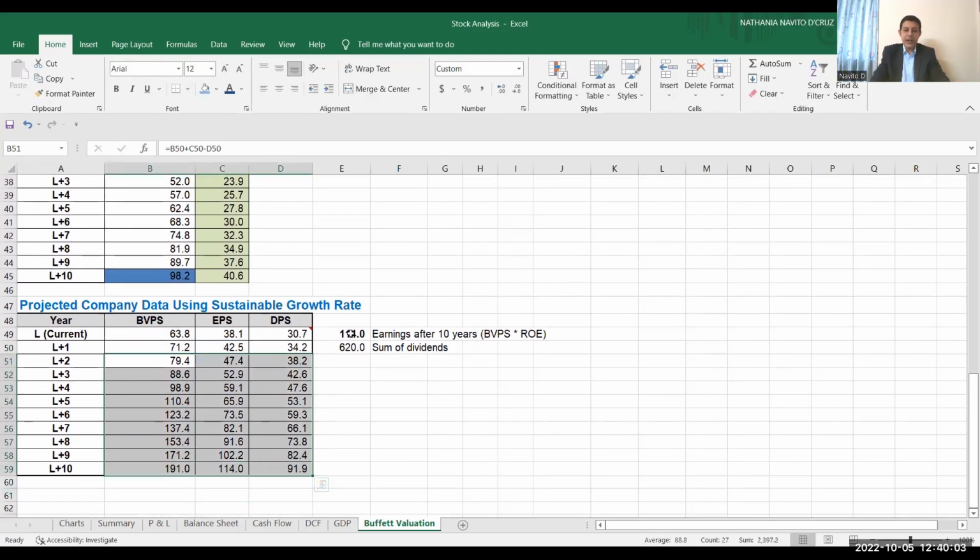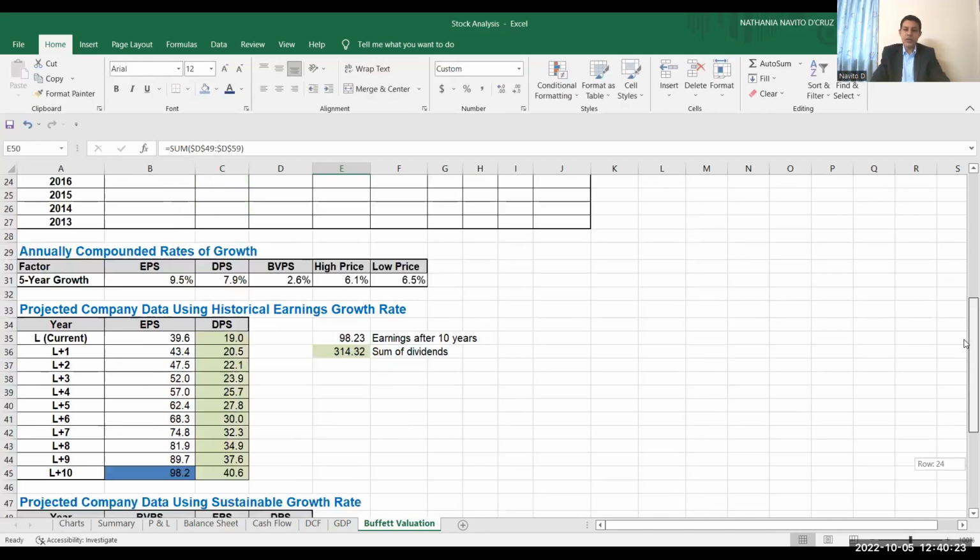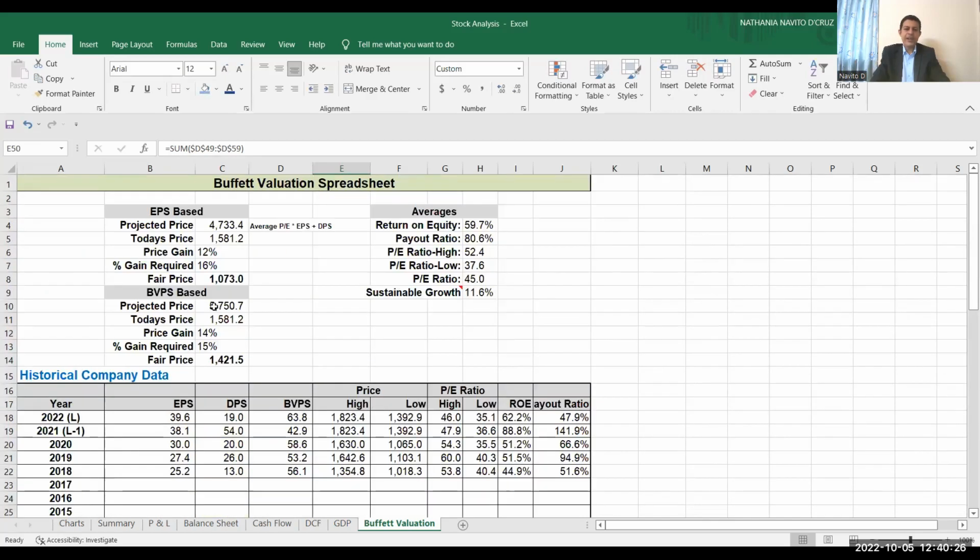And this is what we arrive to, our final year's earning, that is at 10 years hence. So this is the earning after 10 years based on the book value per share. And based on this model, that is the book value per share model, this is the sum of the dividends. So now once we get the total dividends, we again do almost the similar step, whatever we did in the earning per share model.